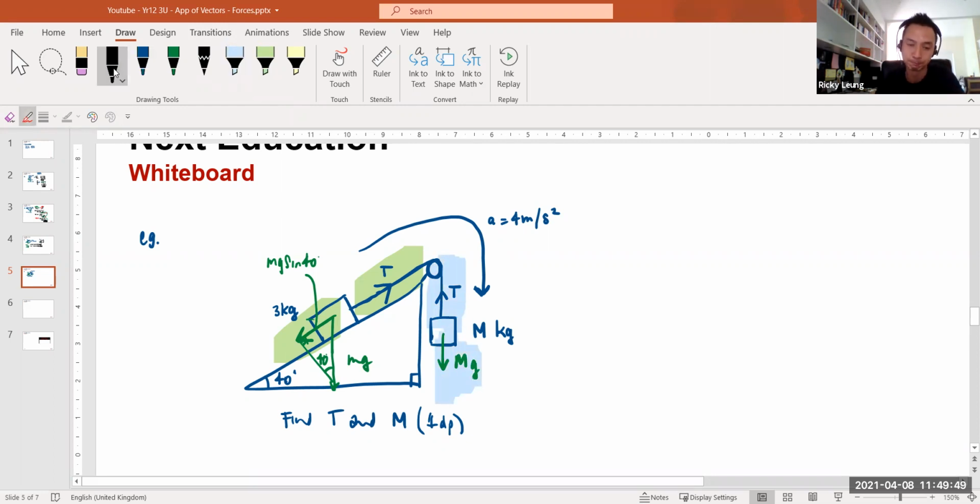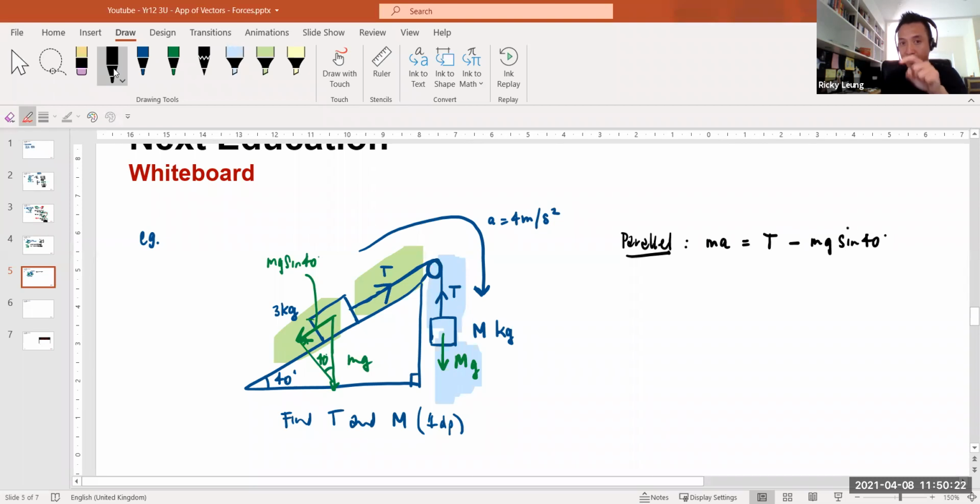So let's do this. On the block, using the forces parallel to the surface, I've got ma, so my resultant force equals T, because it's traveling up here, minus mg sine 40. If we're traveling up the incline plane, then T is positive and mg sine 40 is negative.